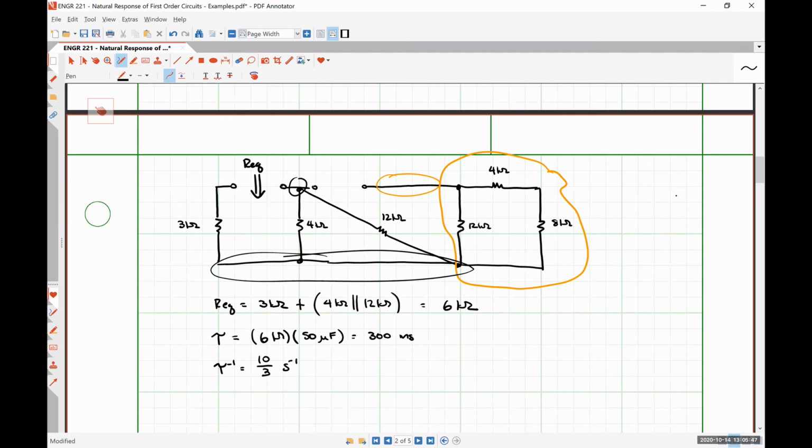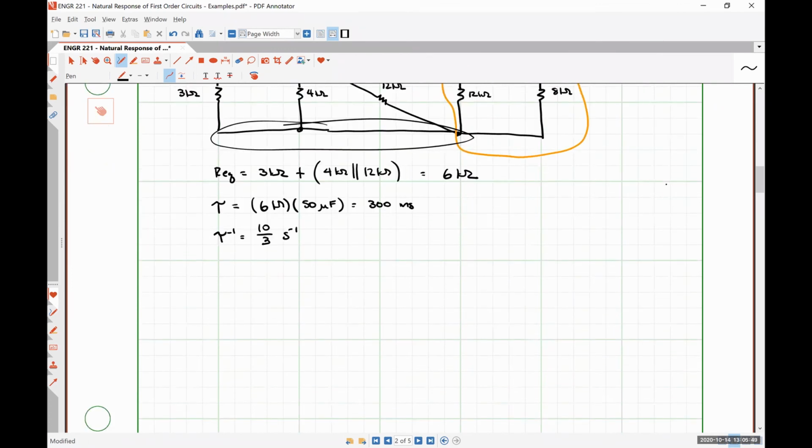So our last step in this particular problem is to put all pertinent information into the generic equation.